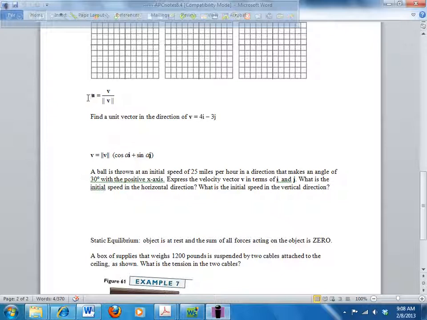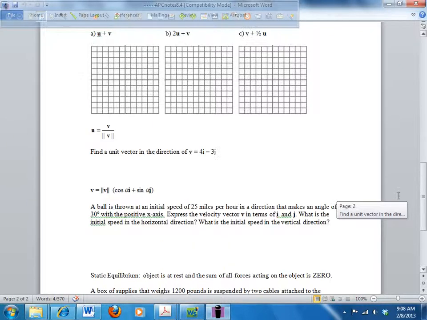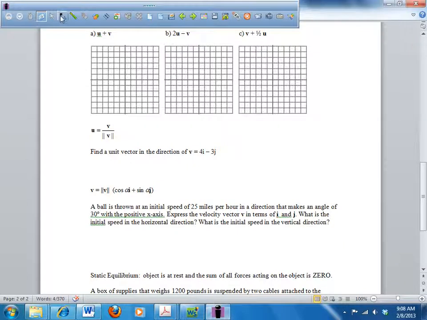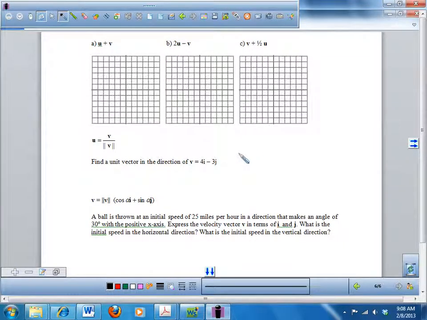All right. So then you have find the unit vector. To find a unit vector, what you have to do is divide by the magnitude. For instance, for this one, 4i minus 3j, which is the same as 4, minus 3 like this.